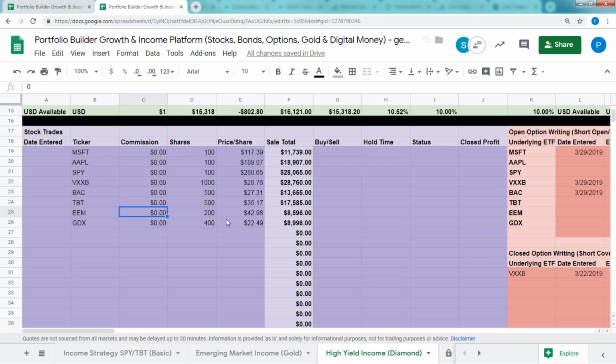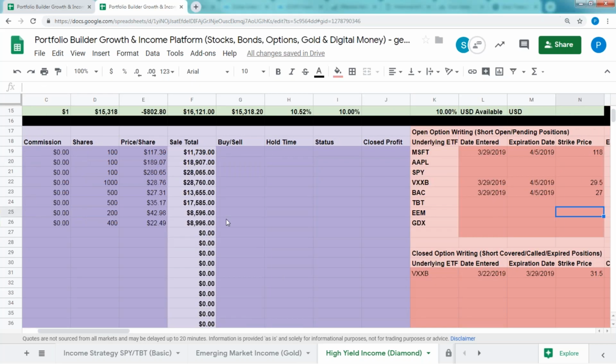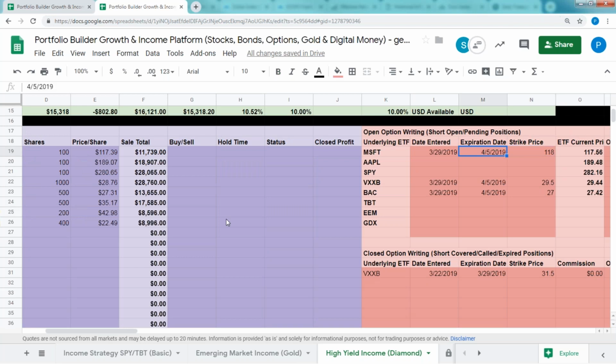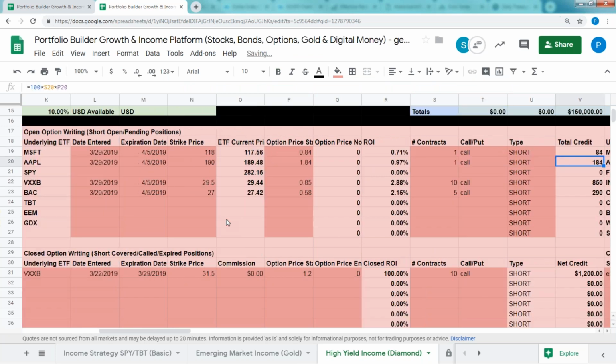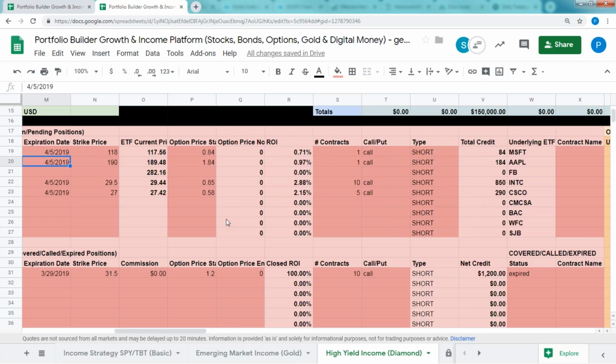Can we fill in the Apple? Yeah. Strike? Okay, what strike? It was April 190. April 5, 190. Okay. 184. Okay.